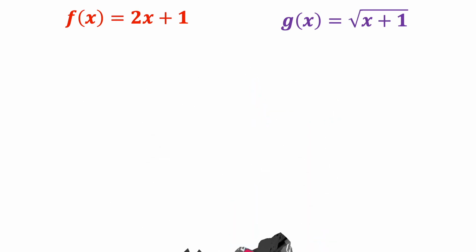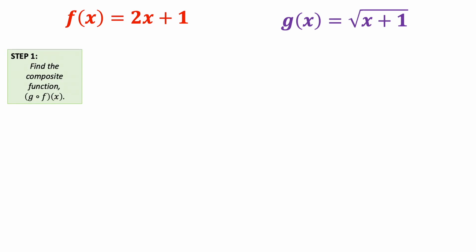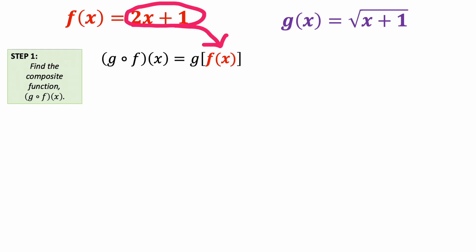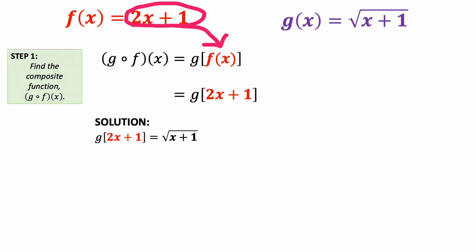Here's another method of solving for g circle f of 7. This method requires us to find g circle f of x by substituting f of x to g of x. By substituting 2x plus 1 to g of x, we will have square root of quantity 2x plus 1 plus 1.